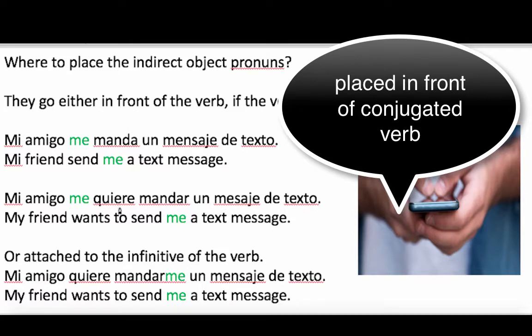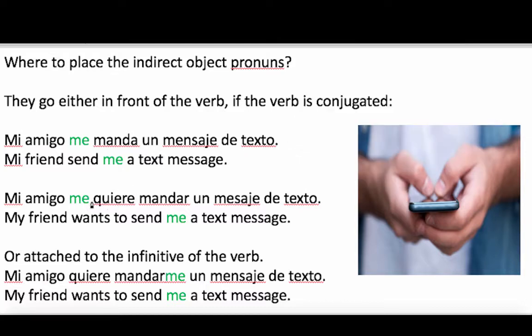We have two verbs, quiere, which means to want, and mandar, which means to send. In here, I'm going to place the indirect object. Again, is me because it's for whom is the text.